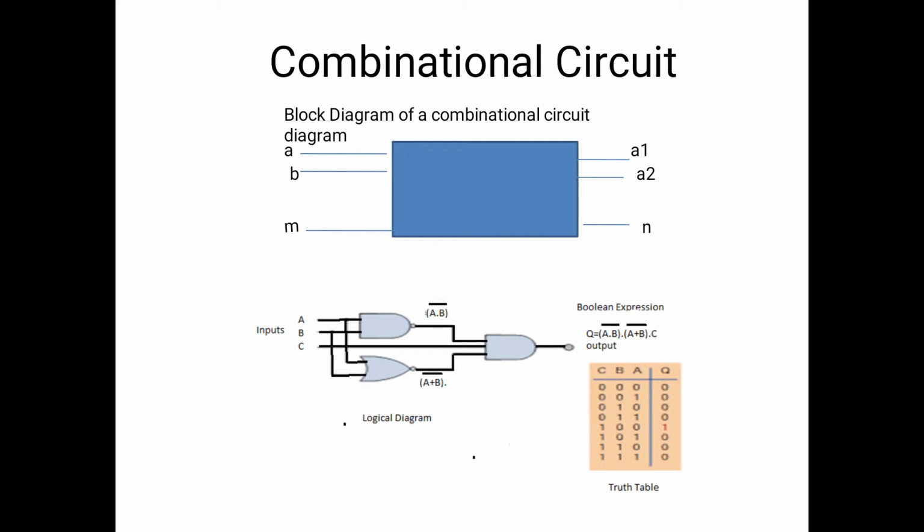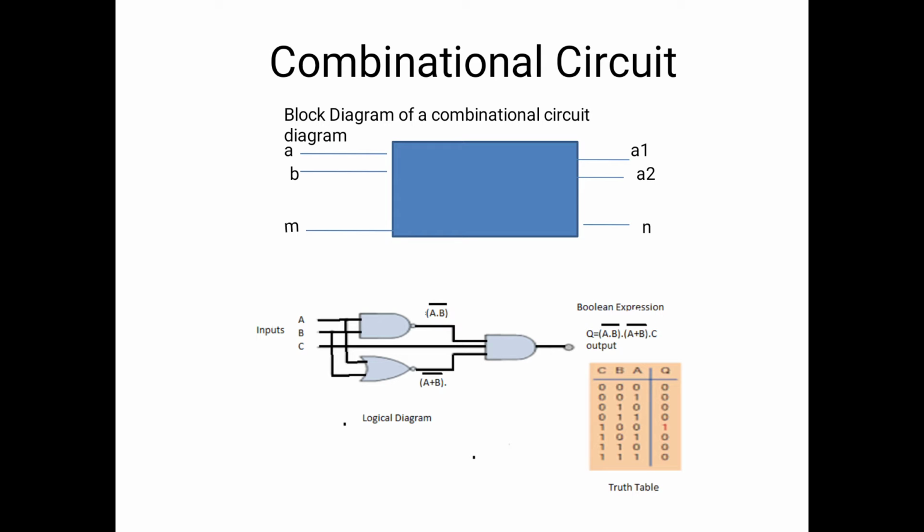When we design a combinational circuit, first of all, we should know how many inputs will be in the circuit and corresponding to these inputs, how many outputs will be. As shown in the figure, the circuit has m inputs and n outputs.